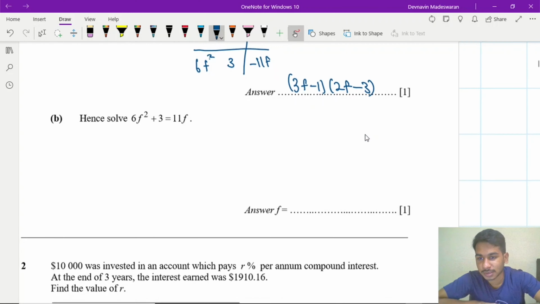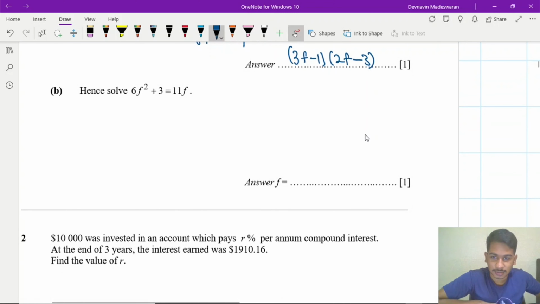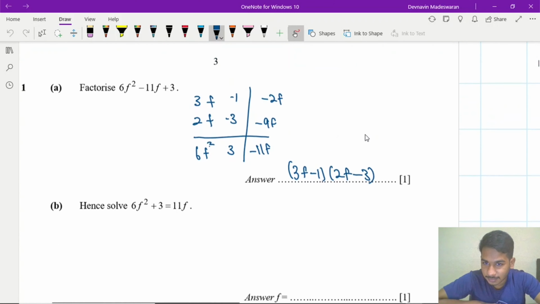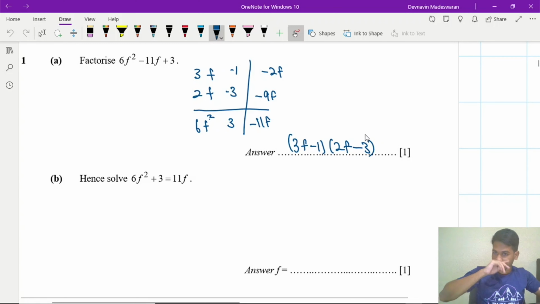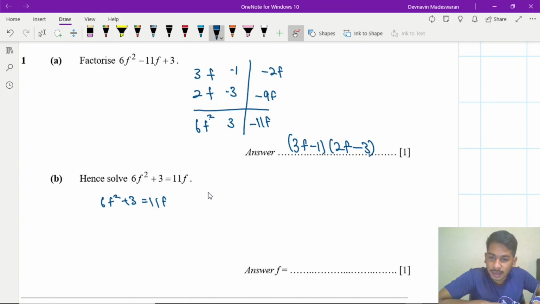Cool. Hence, solve that thing. Let's rearrange this: 6f square plus 3 is equal to 11f. Let's move everything to one side: 6f square minus 11f plus 3 is equal to 0.